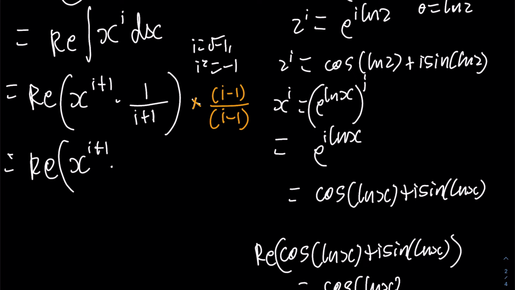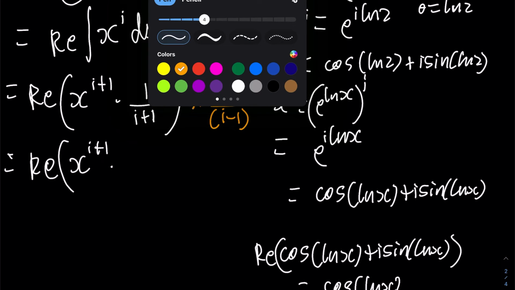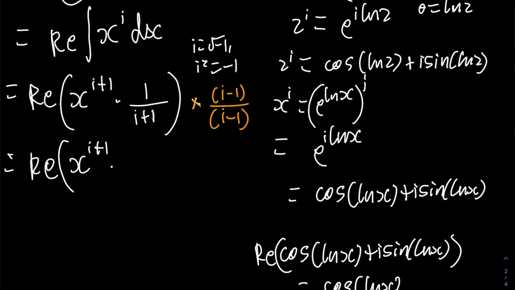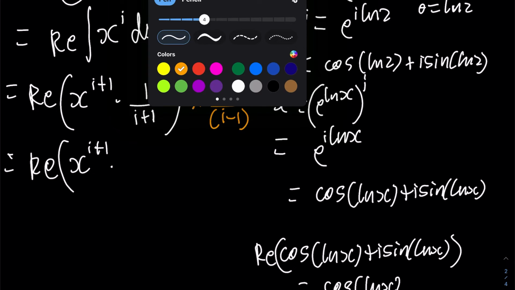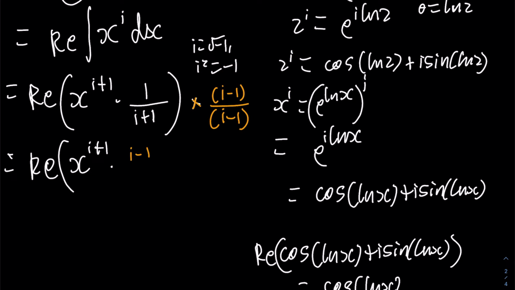So what we can see is, yeah, this should be fine. We have an i minus 1 over an i plus 1, so multiplying by the conjugate means that we have a difference of two squares. We have a squared minus b squared is a plus b times a minus b. So here we have a squared, which is i squared, minus b squared, which is 1 squared.